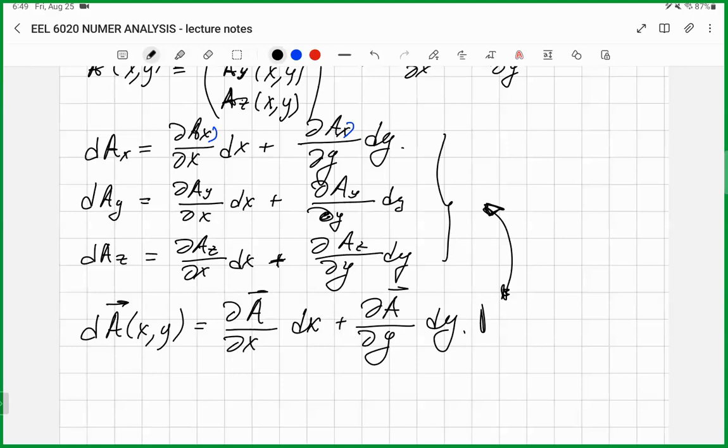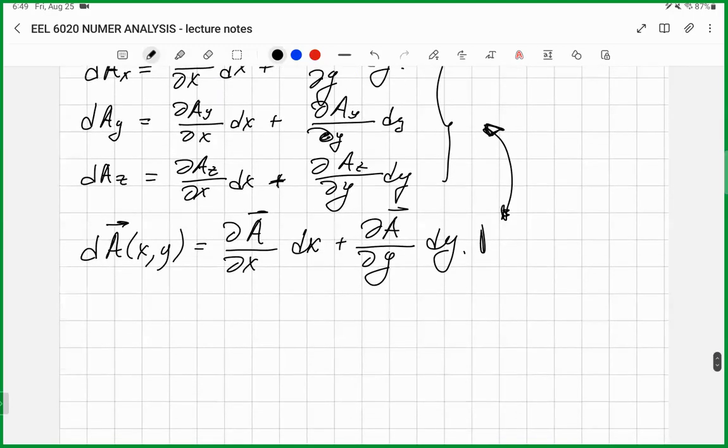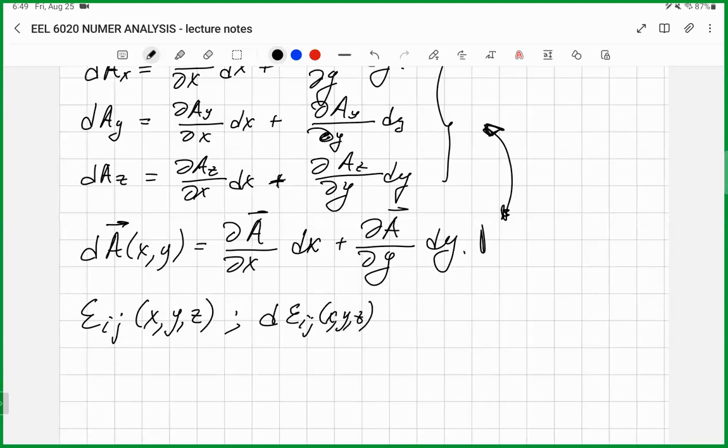What I forgot to mention, and of course for the tensor, epsilon ij, it can also be a function of several arguments, and for the components of the tensor I can also write the differential. Let's take three arguments, for example, in this case.